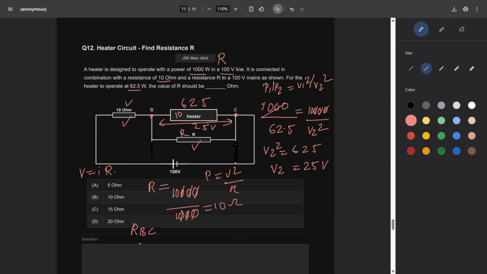So RBC will be, we have 100. We have the current the same. So V is proportional to R, right? 100 into RBC by RBC plus 10 will be 25.